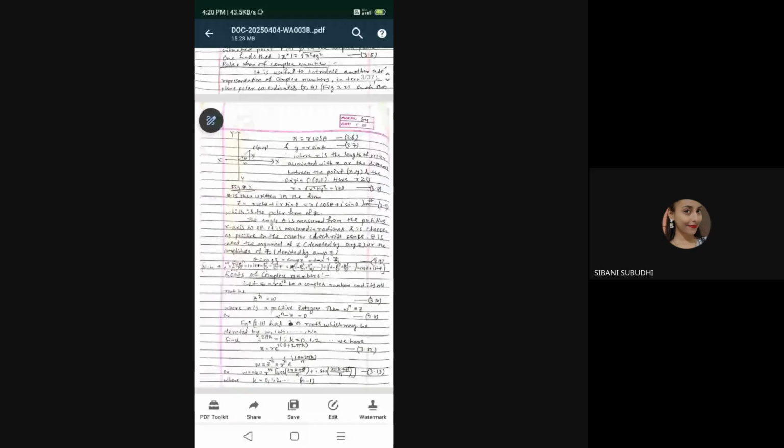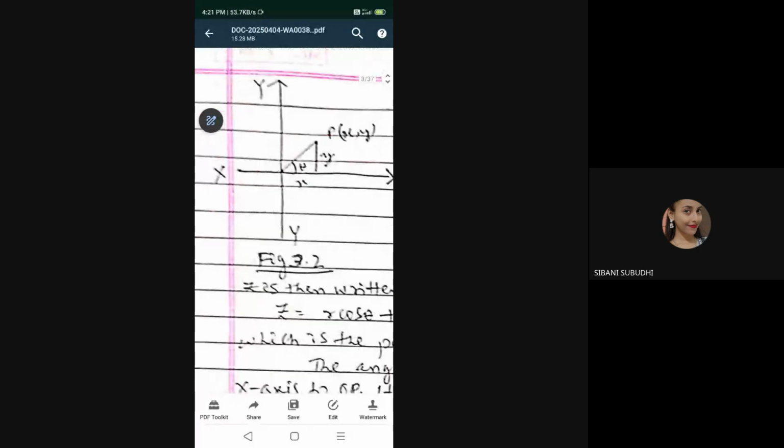And you know cos theta plus i sin theta can be represented in exponential form. Cos theta plus i sin theta can be written as e to the power i theta. So your z can be written as r e to the power i theta, which is the polar form of the expression z. And your angle theta can be measured from the positive x-axis by dropping a perpendicular from P. It is measured in radians and is chosen as positive in the counterclockwise sense. So you can see that theta is in a counterclockwise direction from the x-axis.